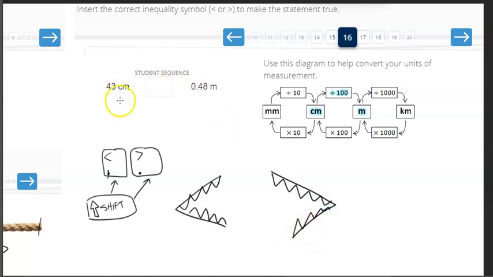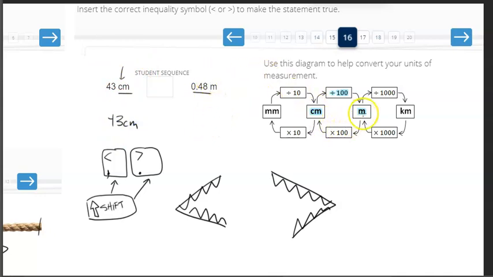The only problem is we have 43 centimeters and 0.48 meters. By default, people would think 43 is a bigger number than 0.48, so I'm going to put the symbol this way because that's the bigger one. But you have to make sure that you put them both in the same type of unit before you can do that. So 43 centimeters, 0.48 meters. This one is the smaller out of the two. So we're going to keep 43 centimeters as it is, and we want to change 0.48 meters to centimeters.